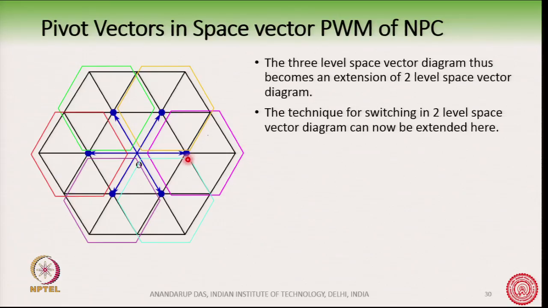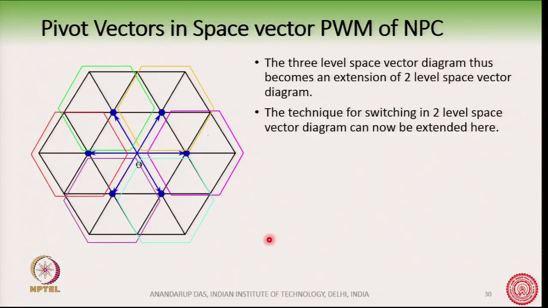You see here that this is the big hexagon, which is the black one, but there are several colored hexagons. These smaller hexagons correspond to the 2-level space vector diagram. The pink one has this as the pivot vector, the yellow one has this as the pivot vector, the green one has this, the red one has this, the violet one has this, and this light blue colored one has this as the pivot vector.